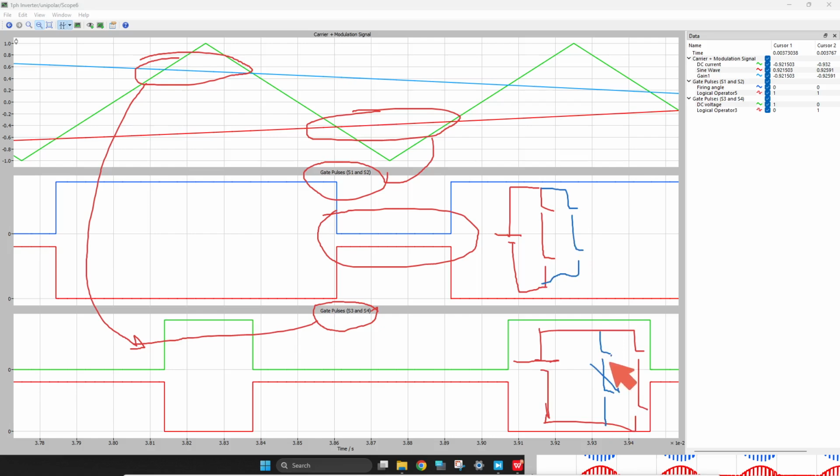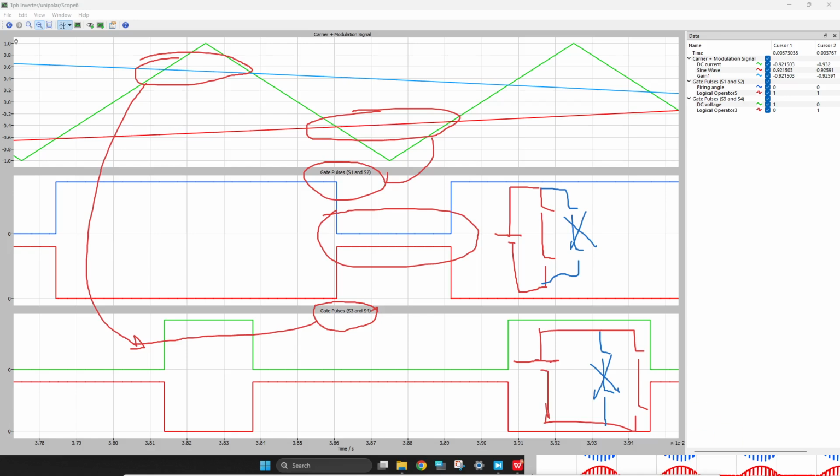Okay, these are not being supplied. So these pulses are for these two switches, and the bottom pulses, that is S3 and S4, are for these two switches. So this is how the unipolar PWM operates.